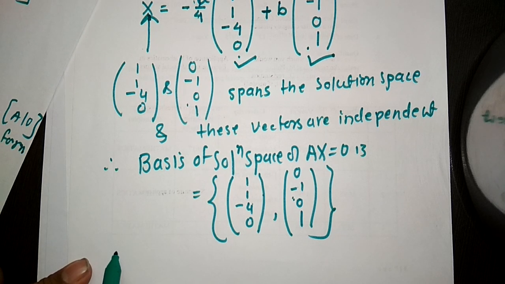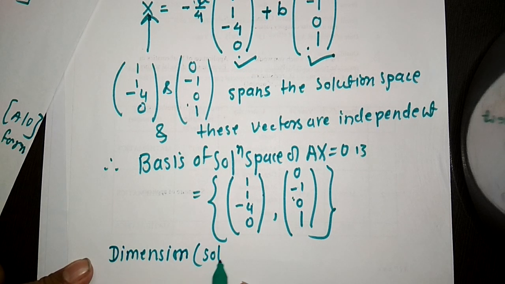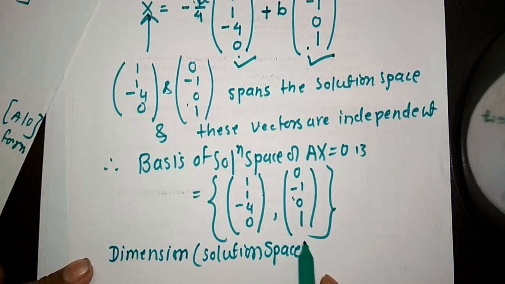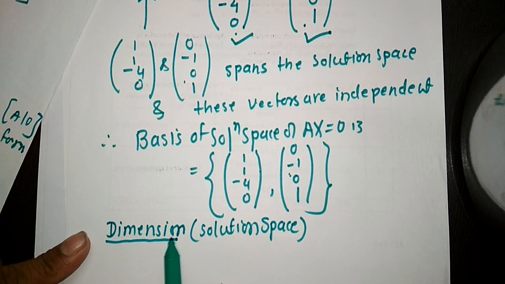Once we find the basis, the next very important thing is the dimension of a solution space. Dimension is related to a number: once you find the basis, you just count the number of vectors in the basis set.